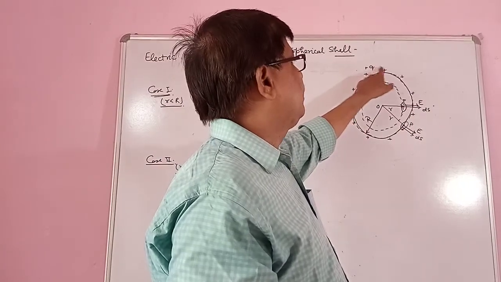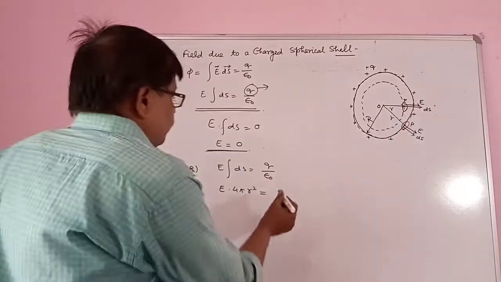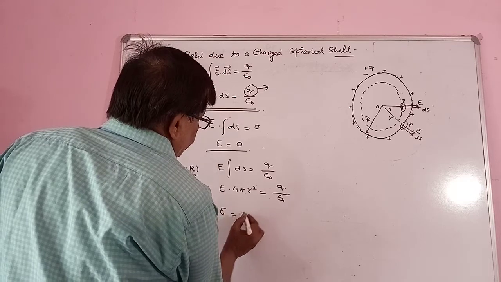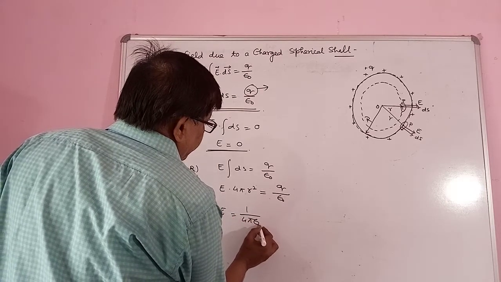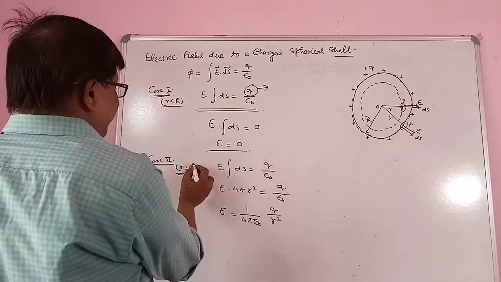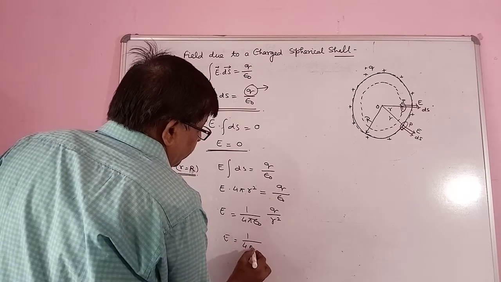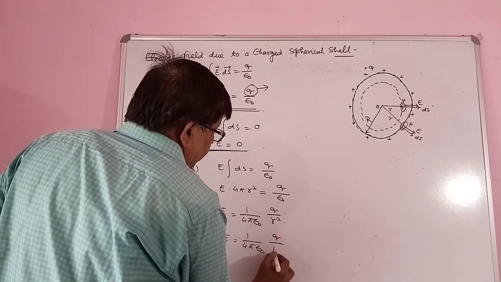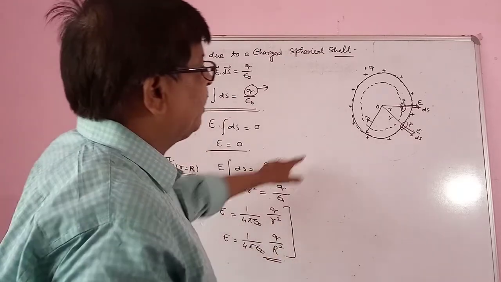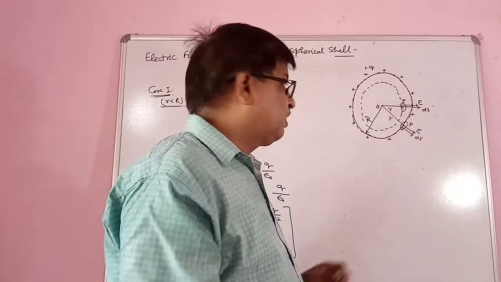Total charge is given to the surface, and the surface is itself the Gaussian surface. So total charge will be Q upon epsilon naught. So E equals 1 over 4 pi epsilon naught Q over R square, or you can take capital R because small r and capital R are equal in this case. So this is the result in the second case, when the point is at the surface.